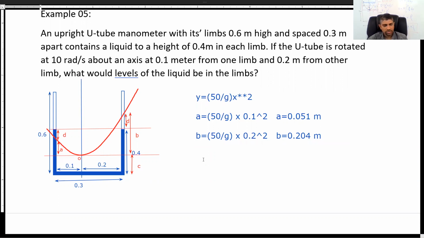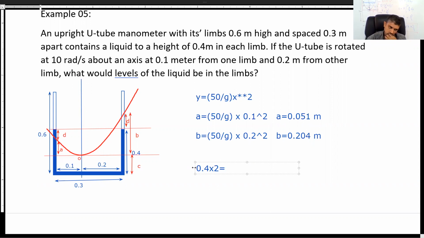There's another relationship, we have to find D and C. We can neglect the 0.3 length always. Initial liquid volume was 0.4 into 2. We can equate volumes now.